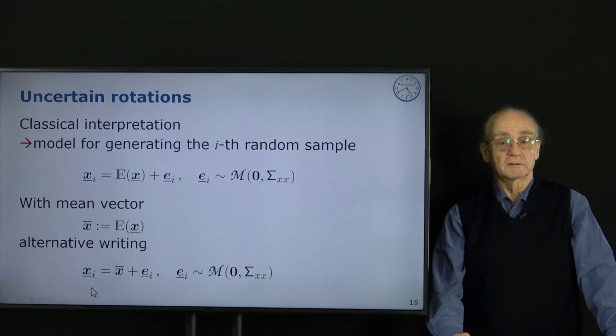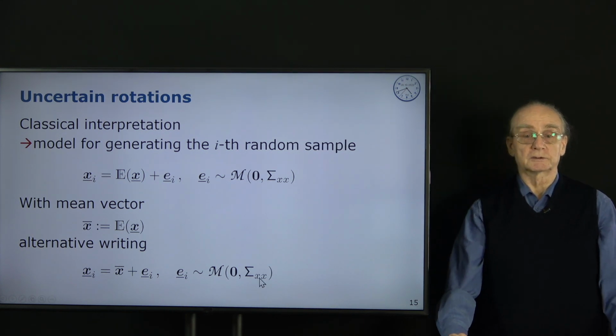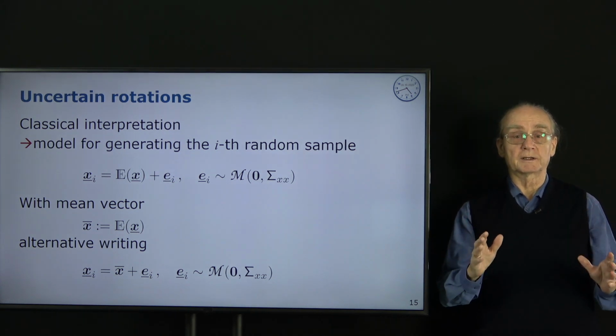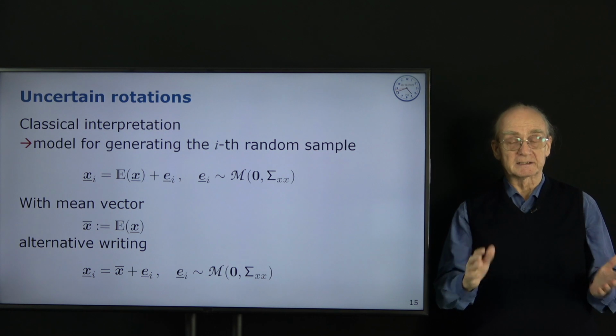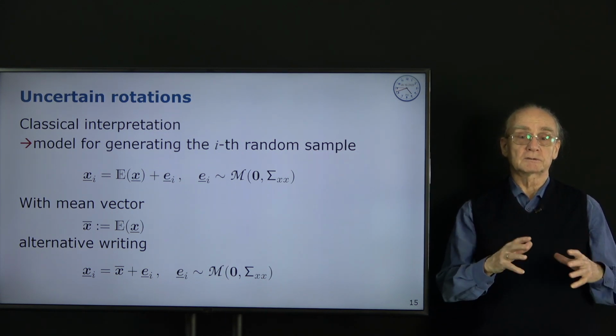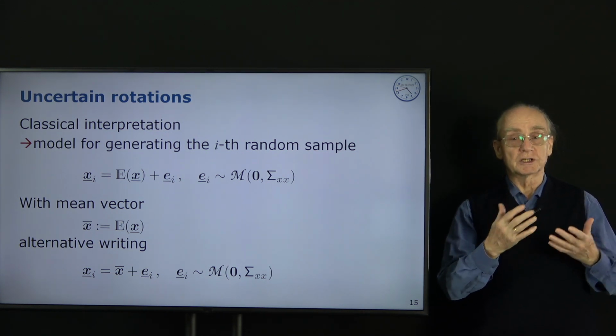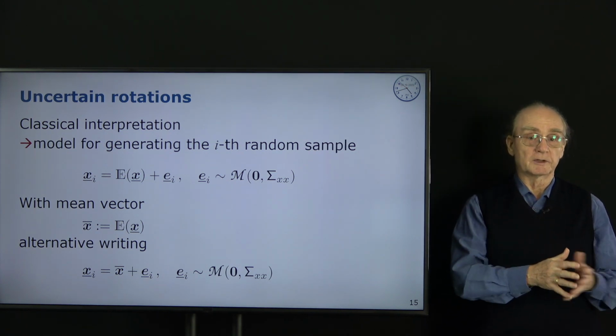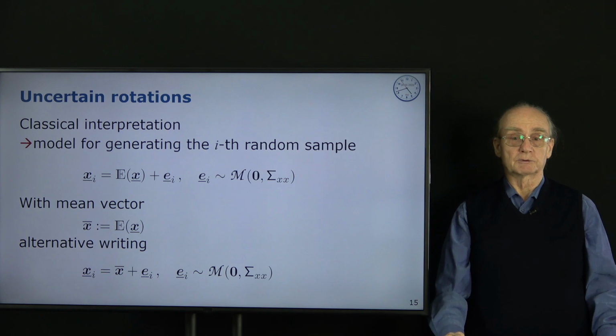We also could say the random vector xi is the mean vector x plus some random vector ei, and ei is taken from some distribution with zero mean and covariance matrix sigma xx. So this is a classical way to describe uncertain entities. And it also gives us the possibility to generate samples for such a random variable if you want to do simulations in a program.